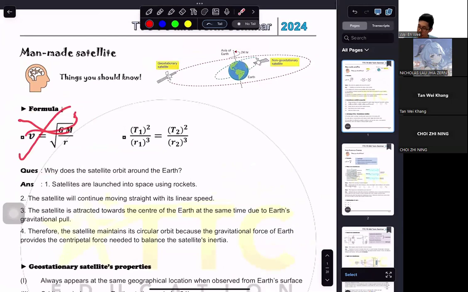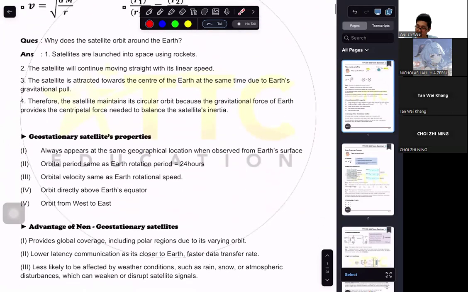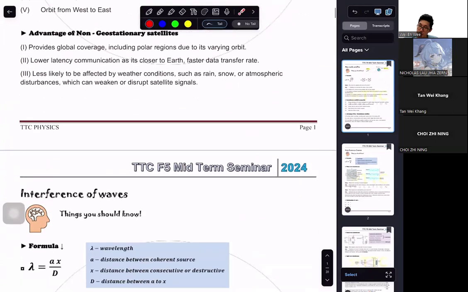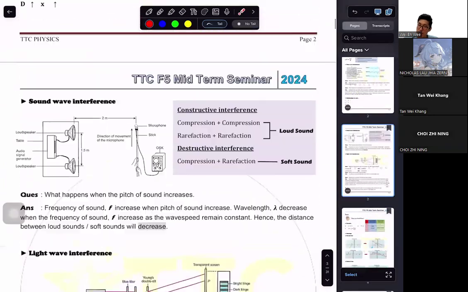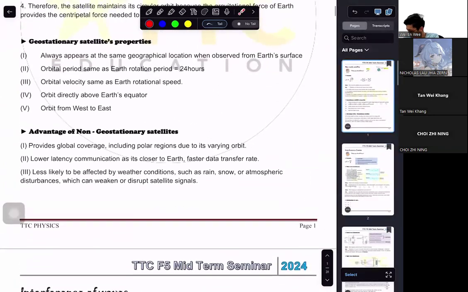We also have Kepler's third law, but we also cannot use this because we don't know the period. We don't know how long it takes to go around. So we cannot use that also.